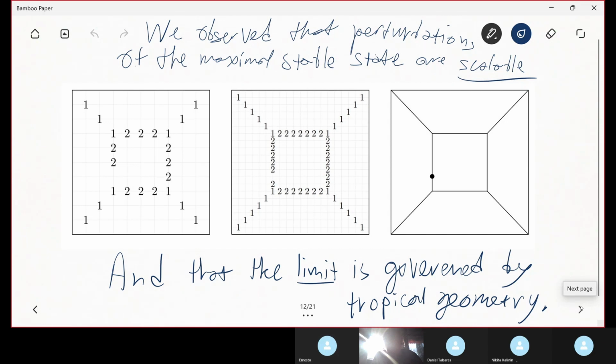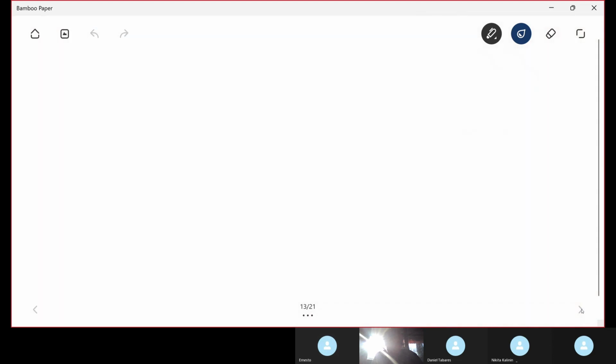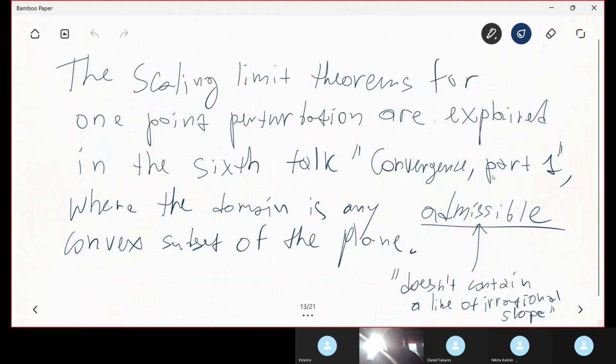To gently approach the formalism on the tropical side, because the limit is clearly something tropical, and to actually prove the things in 2 steps. So this proof of the scaling limit theorems is split in 2 talks.